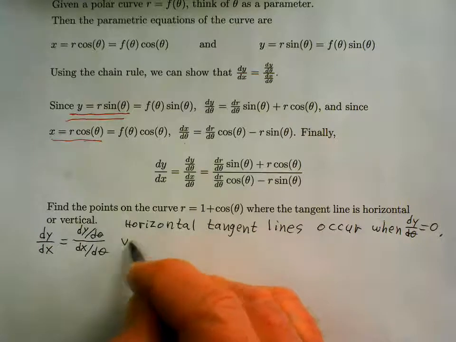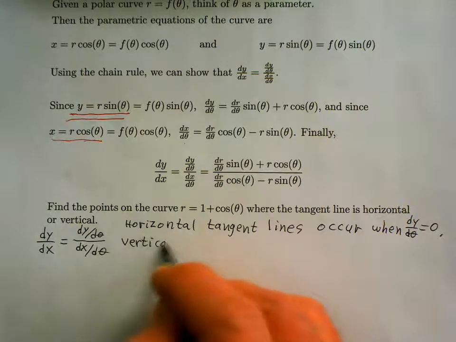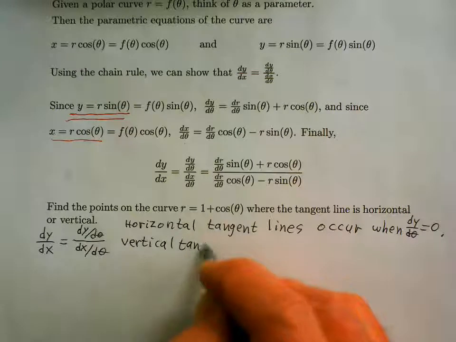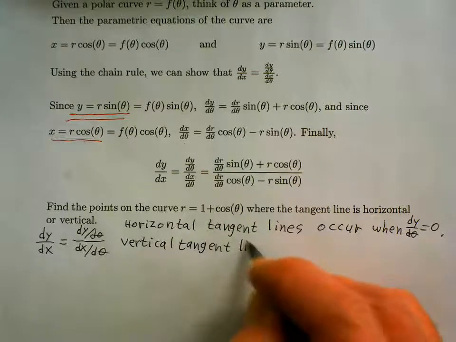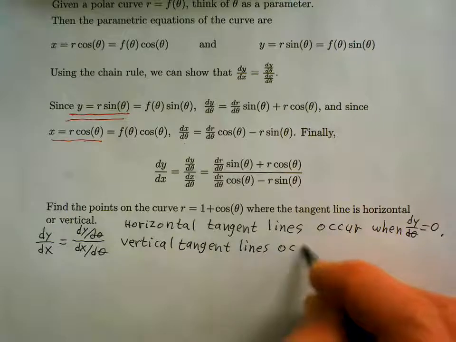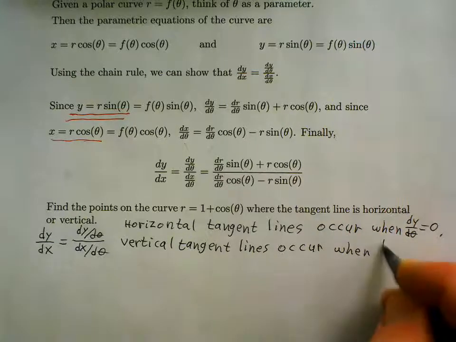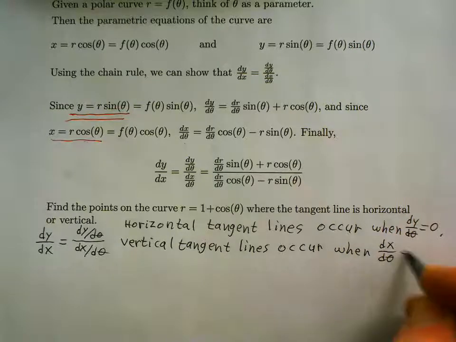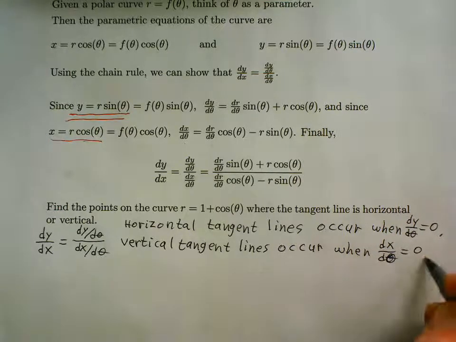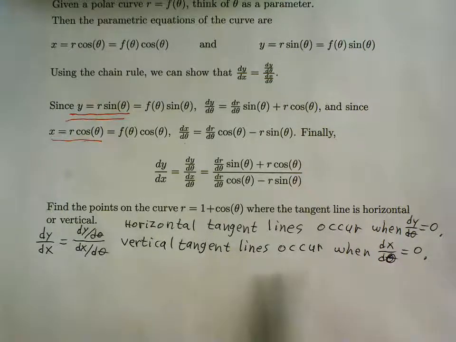And vertical tangent lines occur when the derivative of x with respect to theta is equal to 0. So you probably saw that sort of thing in Calculus 1, just with rational functions, for example.